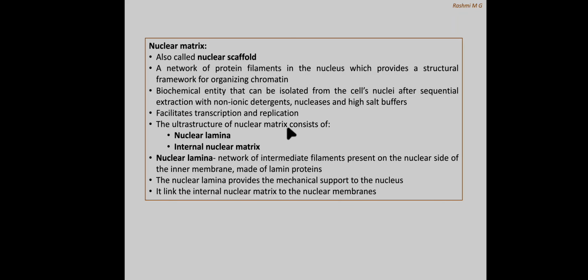The ultrastructure of the nuclear matrix consists of the nuclear lamina and the internal nuclear matrix. The nuclear lamina is nothing but a network of intermediate filaments which helps in mechanical support to the nucleus. It links the internal nuclear matrix to the nuclear membrane.